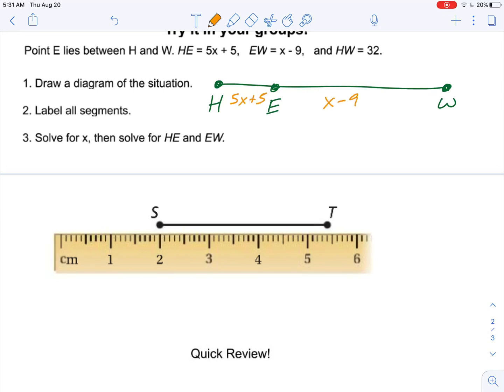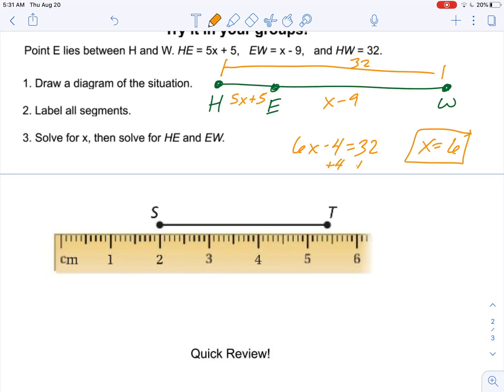EW is x minus 9. The whole thing is 32. So if I add my segments together, HE plus EW is 6x minus 4 equals 32. And if I add 4 to both sides, 6x is 36. So x would be 6.